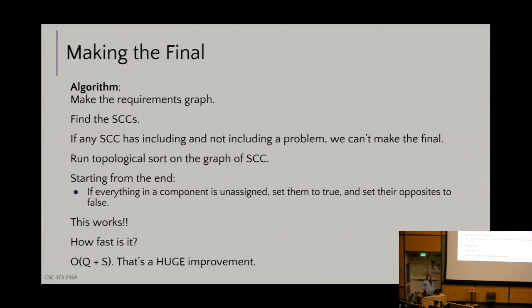But technically what we have just done is we have taken this can-I-satisfy-everybody's-vote-making-the-final-exam problem from the 2 to the q times s runtime to graph linear runtime, because I just ran graph linear find the strongly connected components and then graph linear run topo sort. So this is a speed of algorithm that you could run on your computers. All of you could run this on probably your laptops. I could run this on my crappy Surface Pro here.